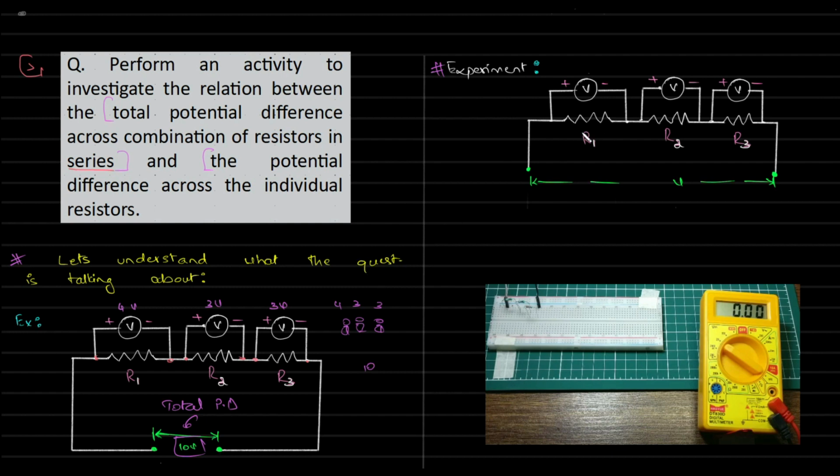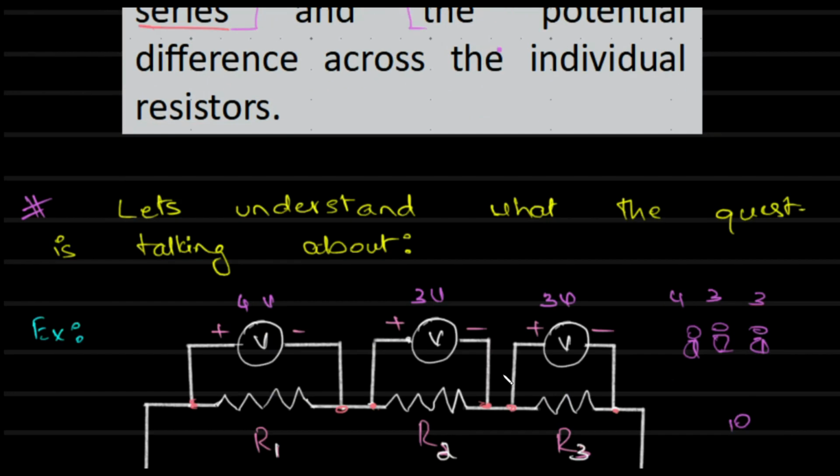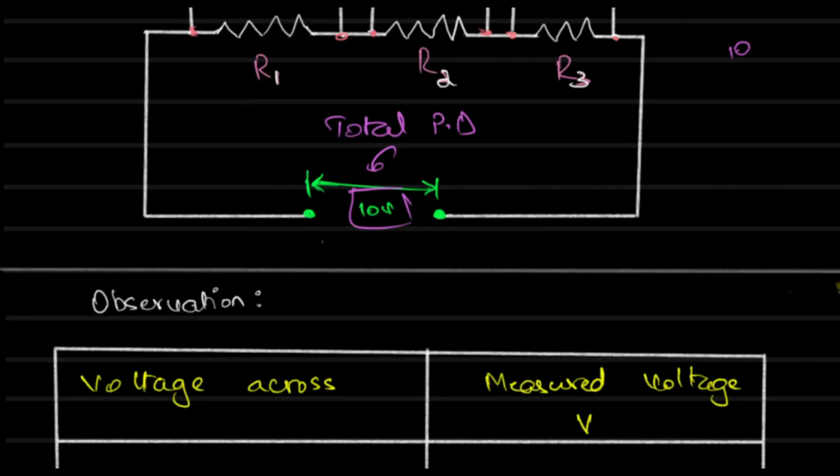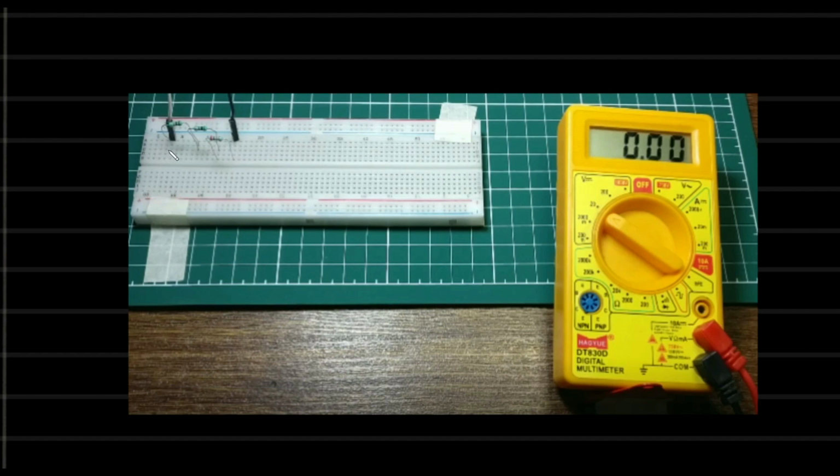So I have 3 resistors. As you can see, this is the experiment. We have R1, R2, and R3.